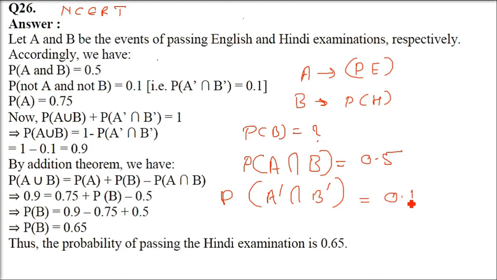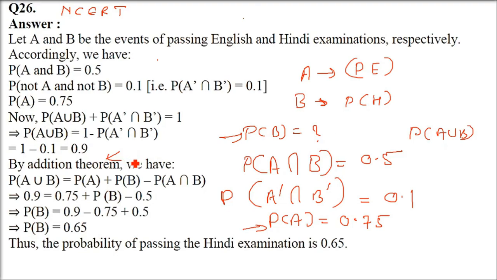So this is 0.1. The probability of passing the English examination, A is English, so P(A) is 0.75. P(A) is there, P(B) we have to find out. P(A intersection B) is given. The main thing is A union B; the probability of A union B we have to find out.